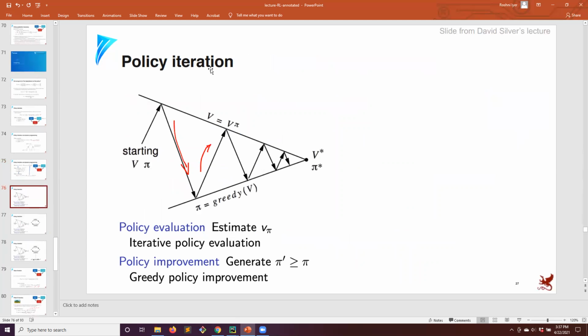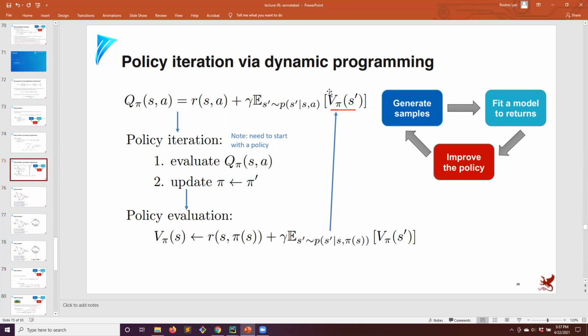This is visually what we observe with policy iteration. So remember, we were starting with this arbitrary policy pi. So this is V pi, and then we keep updating this V pi. We start with this, we compute the Q, then we evaluate that, we update our policy, and then we compute the new V, and then we compute the Q, and we keep doing this.